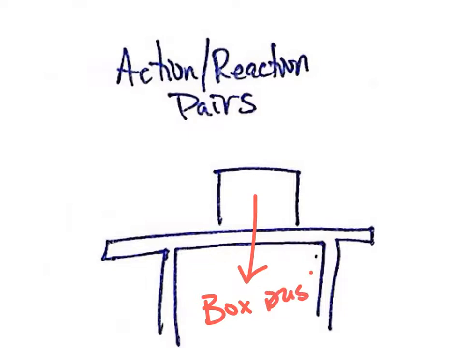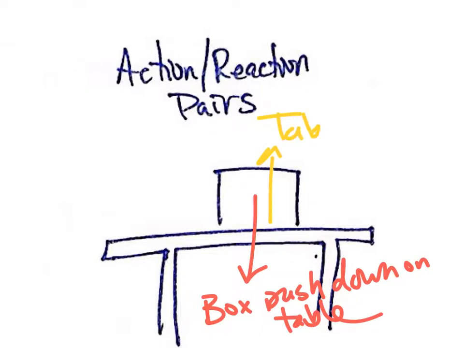Box push down on table. And the opposite of that is the table pushes up on box.